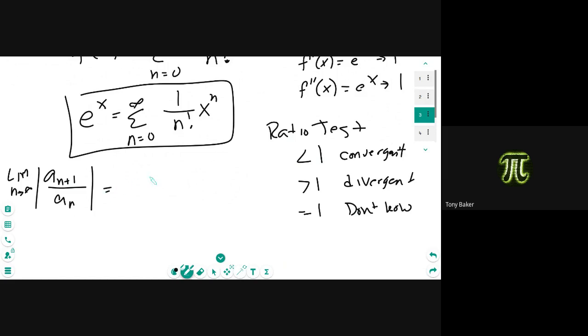So we have x to the n plus 1 over n plus 1 factorial. Actually, I'm just going to write this as a multiplication and flip it over, times n factorial over x to the n.